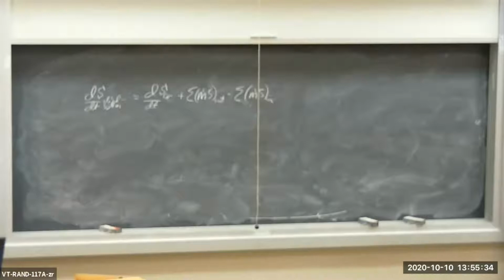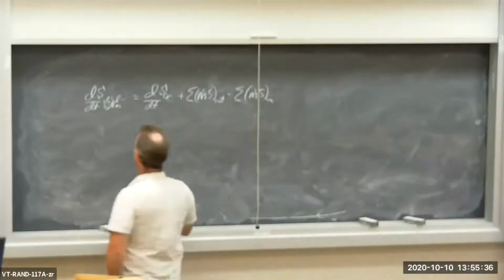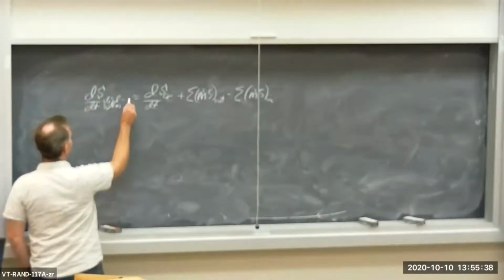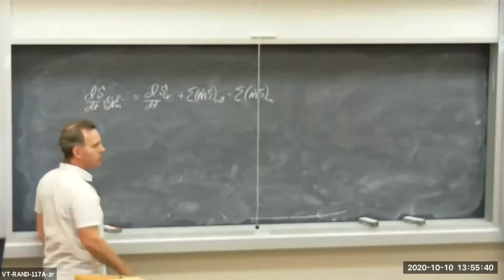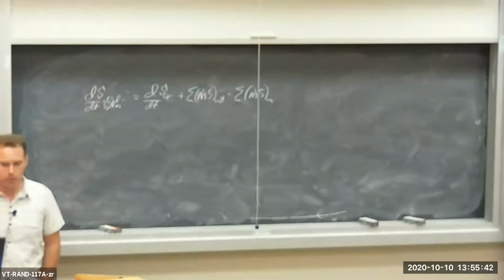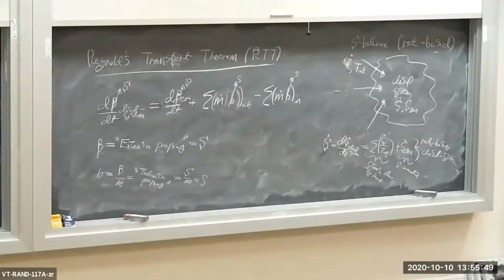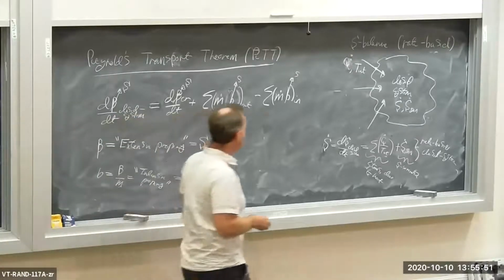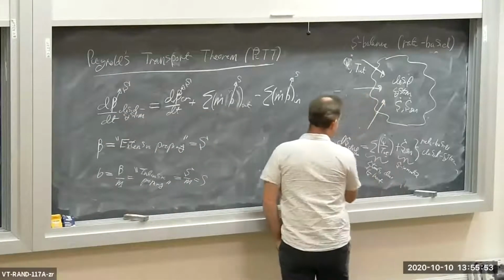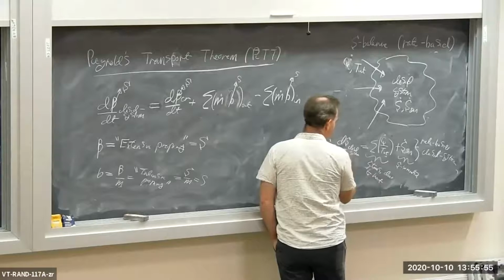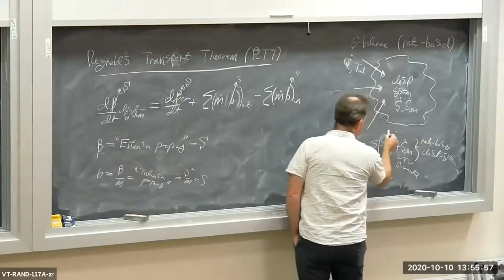Now, what is the rate of change of S over time within my closed system? Well, that's equal to ds closed system dt, which is all this stuff.